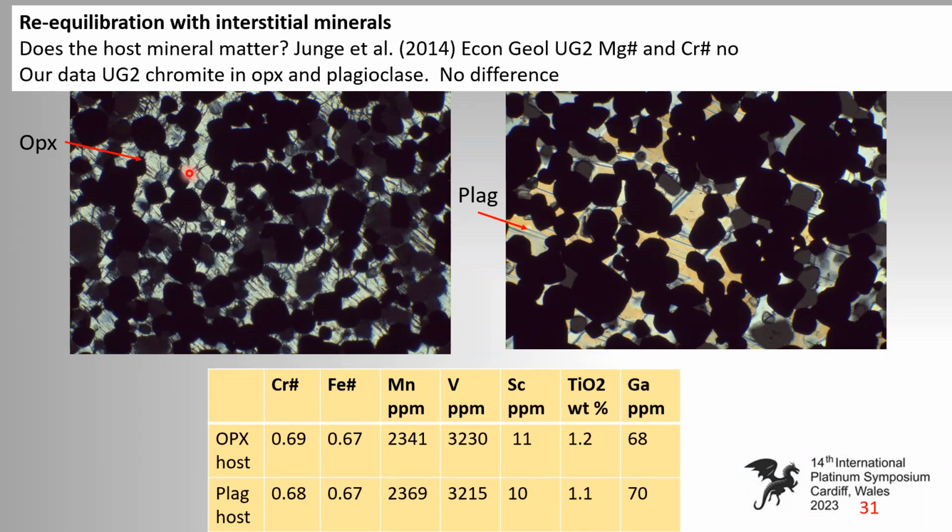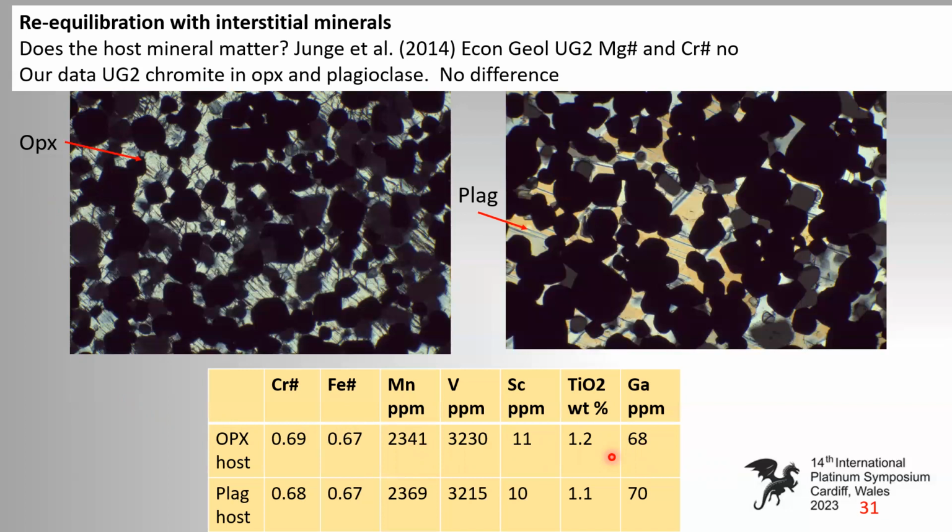Malta already looked at this for the UG2, for the Mg number and the chrome number, and he found there was no difference whether you had pelagic layers or OPX. And I can say from the limited data set we've got so far, it doesn't make any difference to manganese, vanadium, scandium, titanium, or gallium. So the fact you've got pelagic layers oikocrysts or orthopyroxene oikocrysts doesn't seem to make a difference.